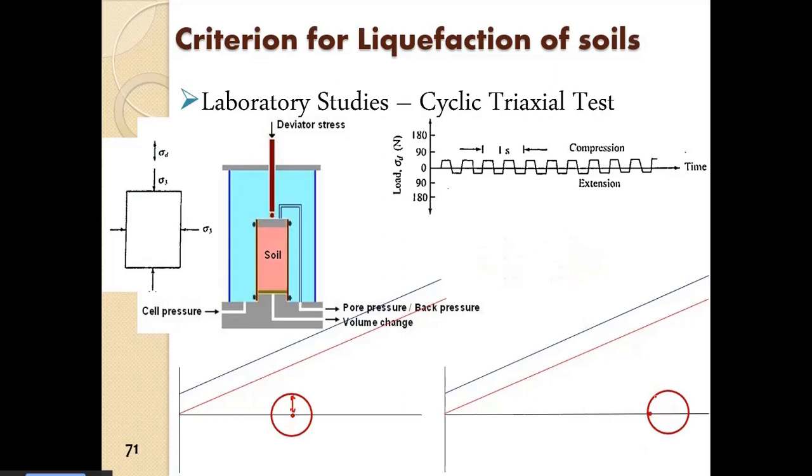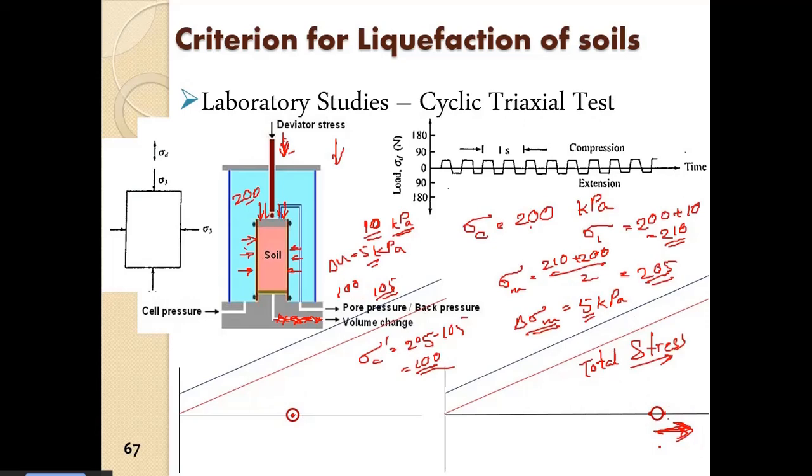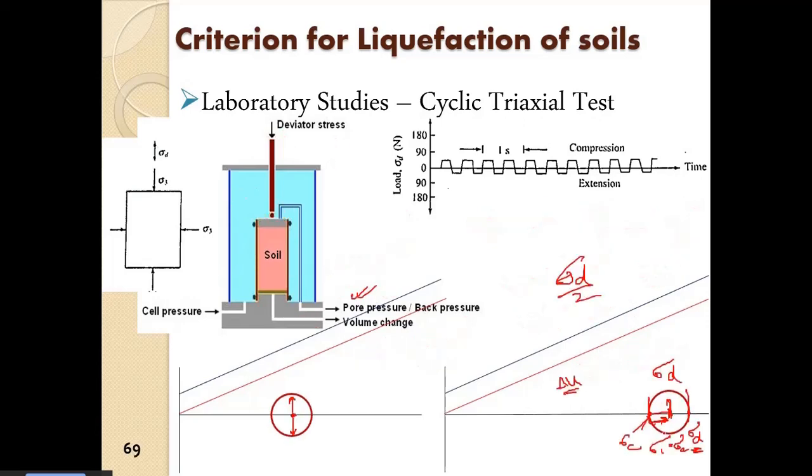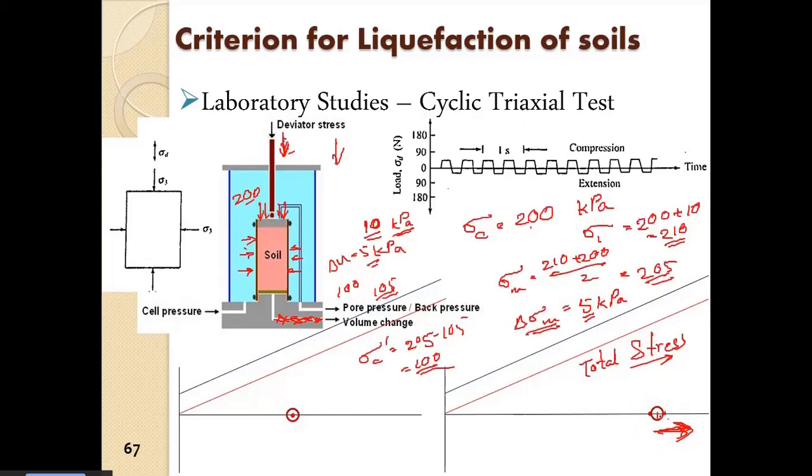For each slow increment, if you consider this as sigma 1 equal to sigma c plus sigma d, so this diameter is sigma d. So the increment in the pore pressure or total stress is sigma d by 2, right, that is the increment in each step.